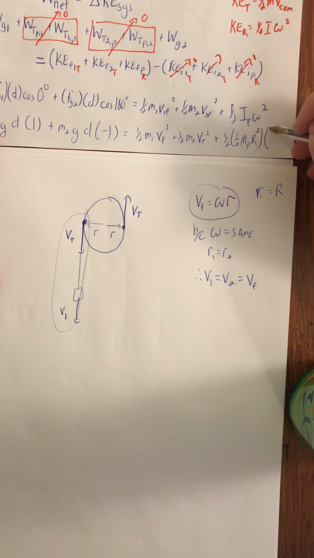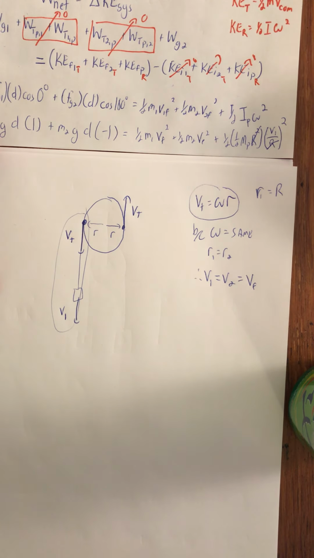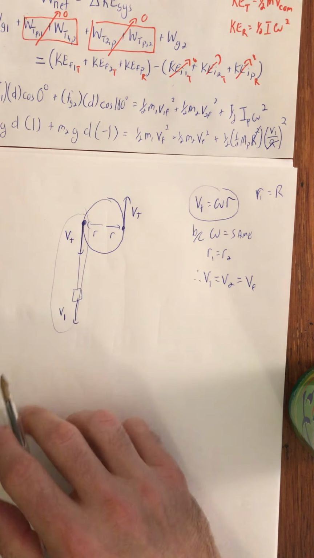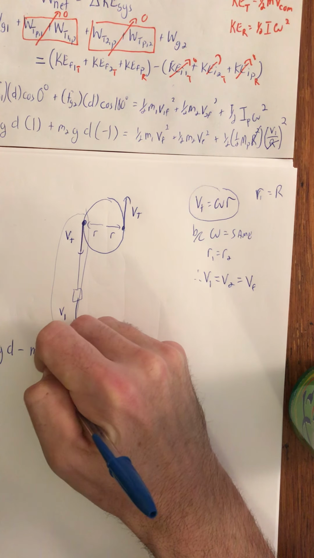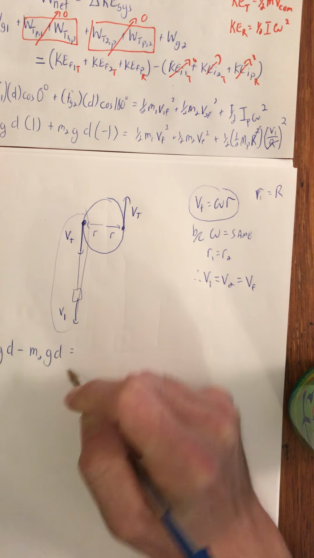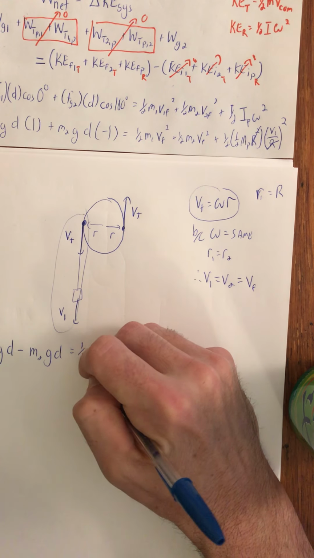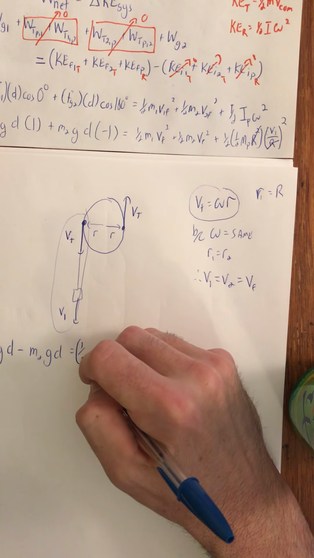So this becomes just v1 over capital R quantity squared, and that's going to cause my R's to cancel out there. So when I'm coming back down to this next step, I've got m1gd minus m2gd is equal to... let's just factor out a whole bunch of stuff here.